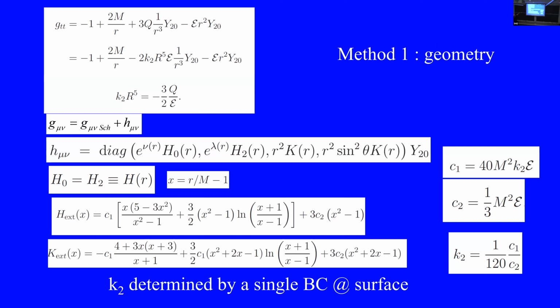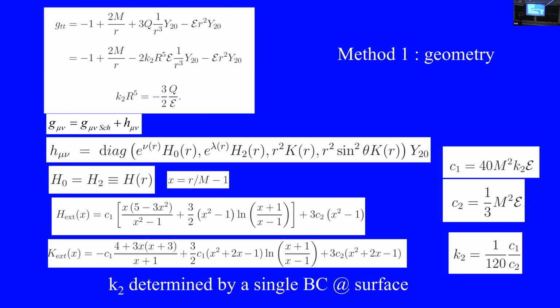So this is the standard calculation. You see there are three perturbative quantities: one is the GTT, GRR, and the angular part. The spherical symmetry forces the two, H0 and H2, to be equal, and then you can just solve the equation in terms of this parameter X. So you get some kind of expansion, you get a C1 and C2.